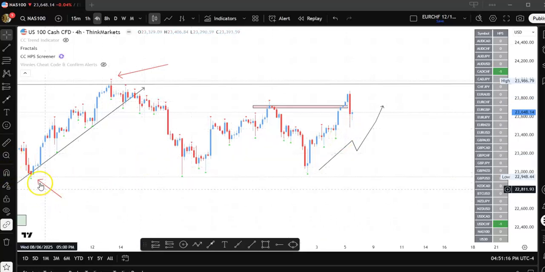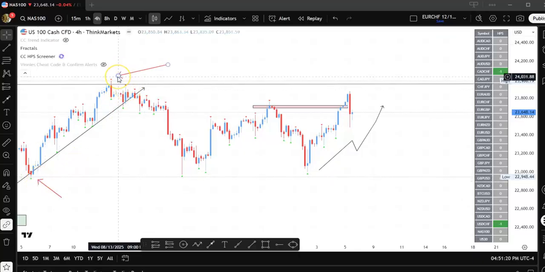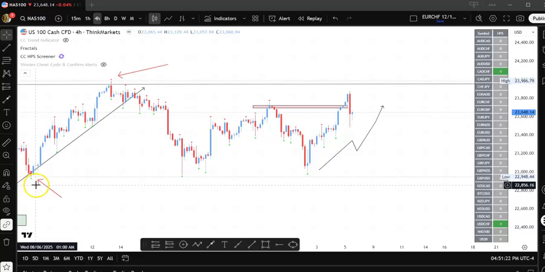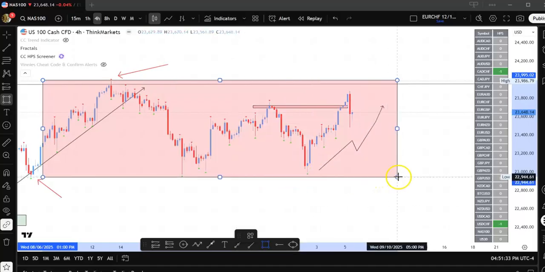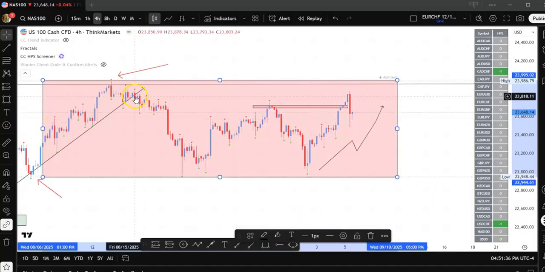So as we're looking at these swing low, swing high, also called a higher low, higher high, this whole price action in this rectangle is all bullish. From here to here and all the way across, this is what's called internal structure.